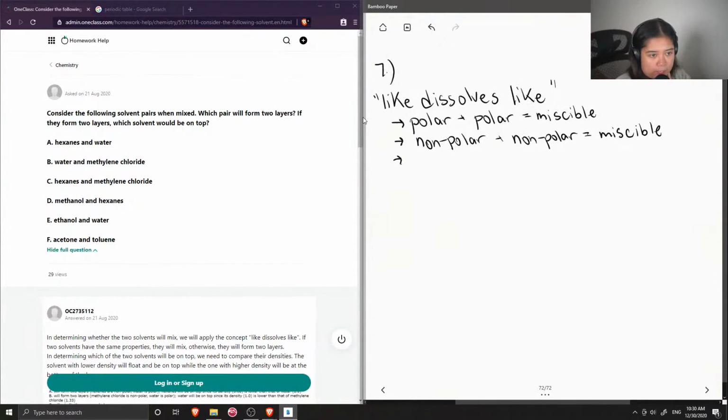But if we had a polar substance mixed with a nonpolar substance, then the two are immiscible, and they will form 2 layers.